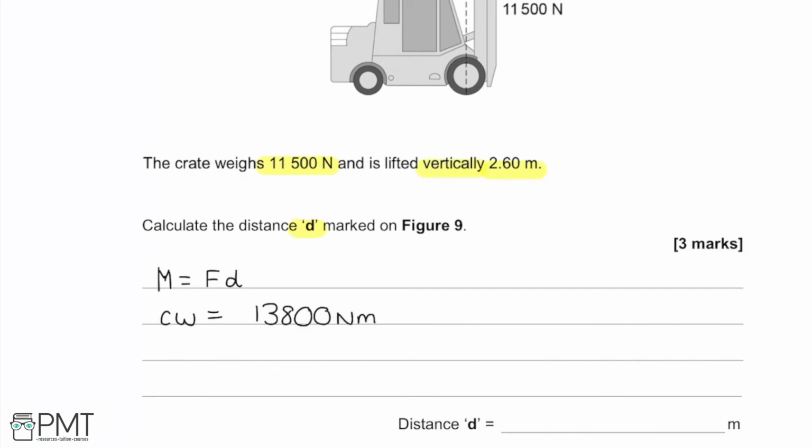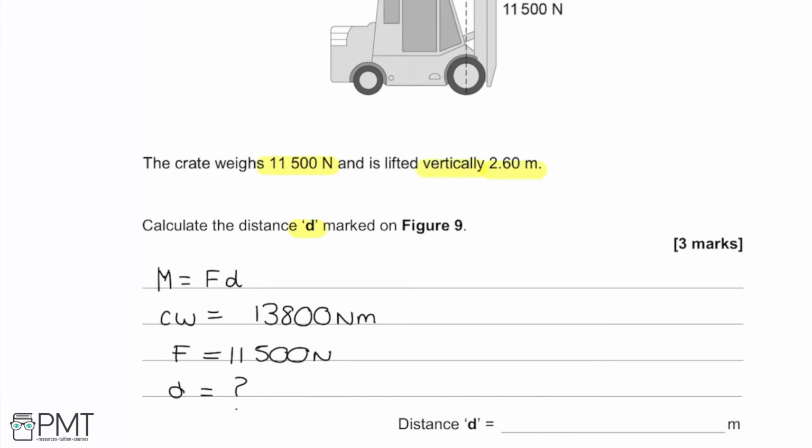We have here that the force is going to be 11,500 newtons, as that's from the crate. The crate has a weight of 11,500 newtons, and that's going to be the force in this instance. So force is equal to 11,500. And then d is what we're going to be calculating in this instance.